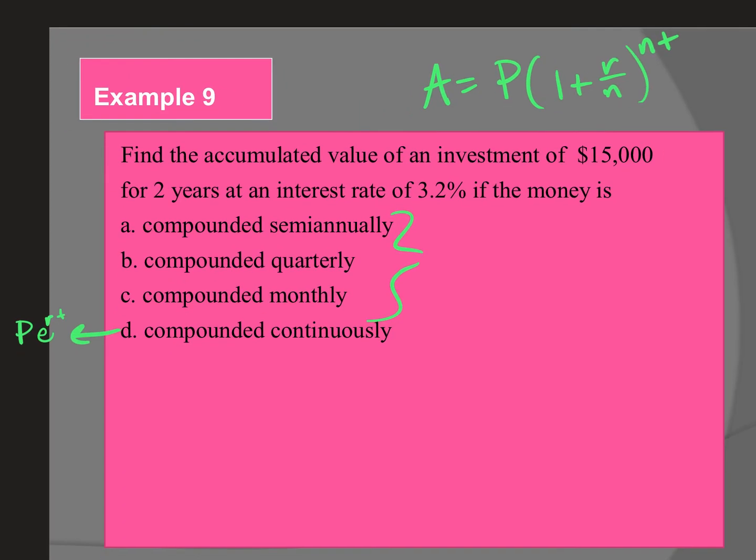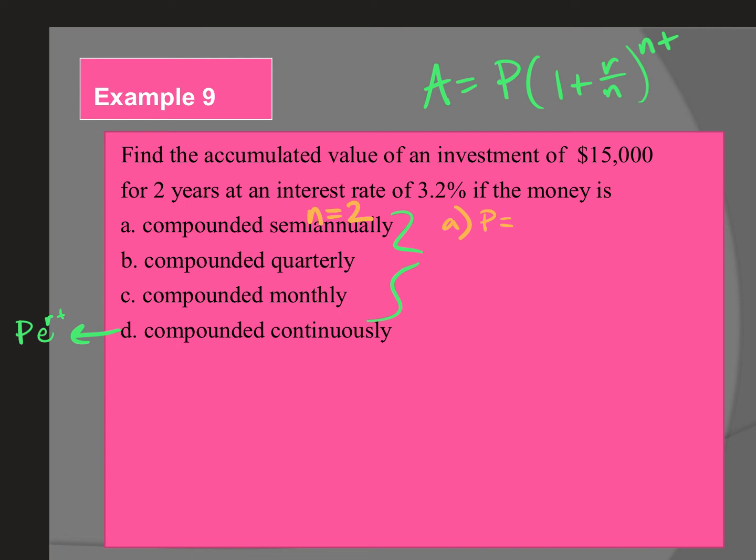All right, so for A, my question says, find the accumulated value of an investment of $15,000 for 2 years at an interest rate of 3.2% if the money is compounded semi-annually. So semi-annually happens how many times a year? 2 times a year. So N is equal to 2. What's my P?